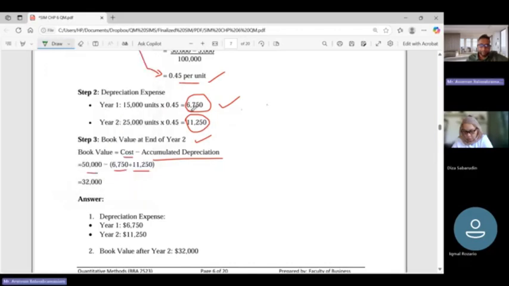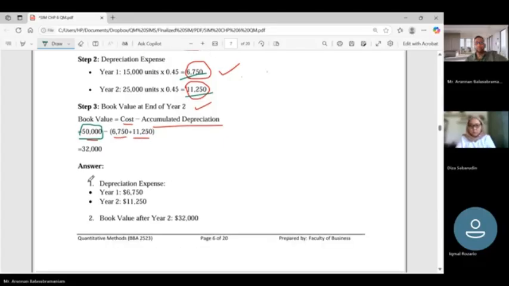The 11,250 is the depreciation expense, and 6,750 is also depreciation expense. So take the cost of the value. Both years' depreciation expense will come to about 18,000, giving the book value of about 32,000. So 32,000.